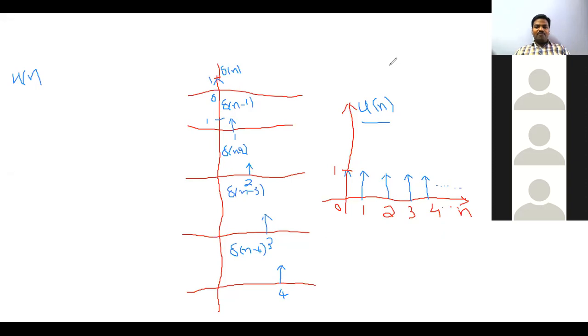See, it is not a graphical representation or anything else. Just now I have added all the samples from n is equal to 0 to infinity. That means by combining all the sampled values, you will get u of n. The basic definition of u of n is equal to 1 for n greater than or equal to 0, which is equal to 0 otherwise.